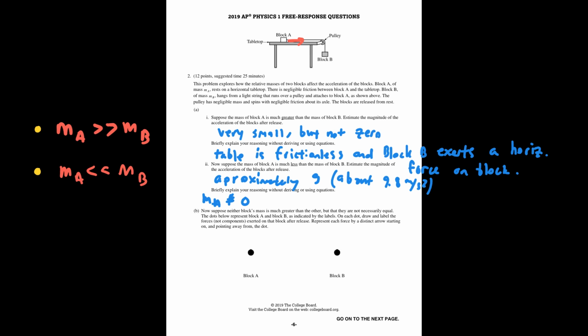On block A, there's going to be a normal force that points up from the table. There's going to be the weight of block A pointing down, which could be written as m_A times g. Then there's the tension force pulling on it to the right. That tension force also pulls up on block B, and the weight of block B is m_B g and points downward.